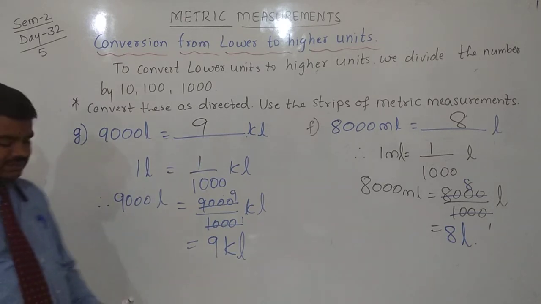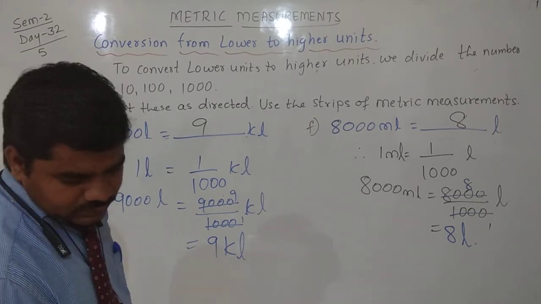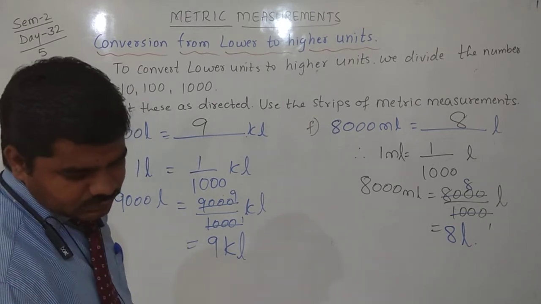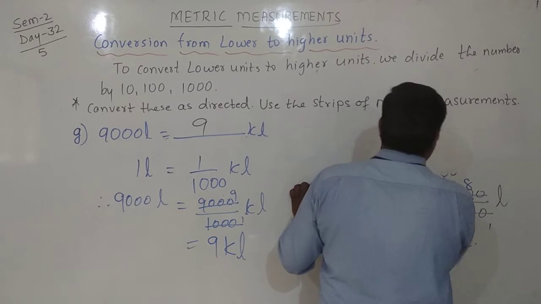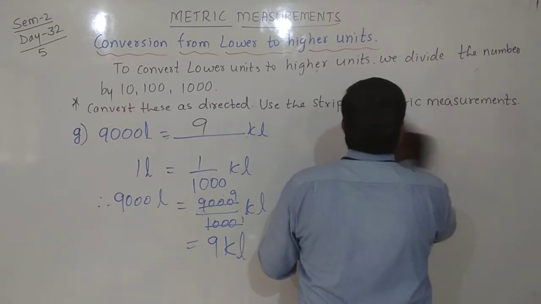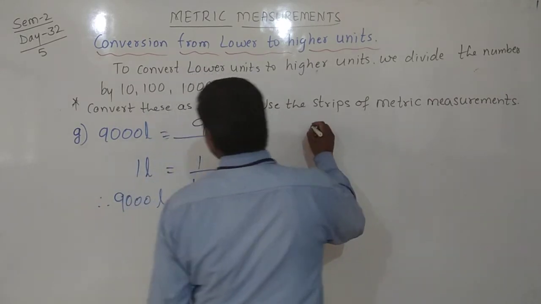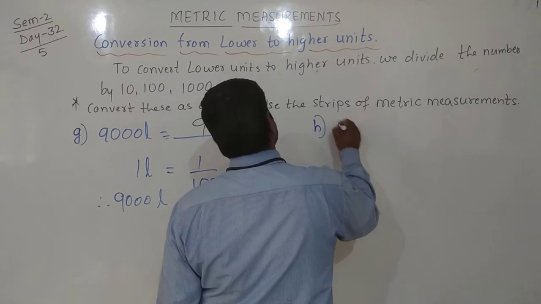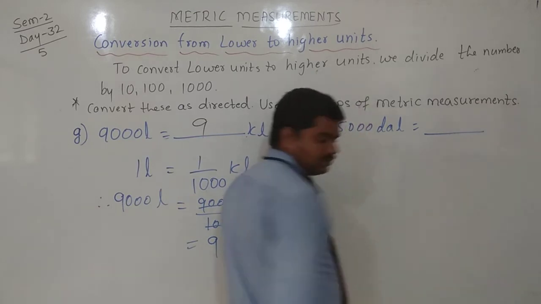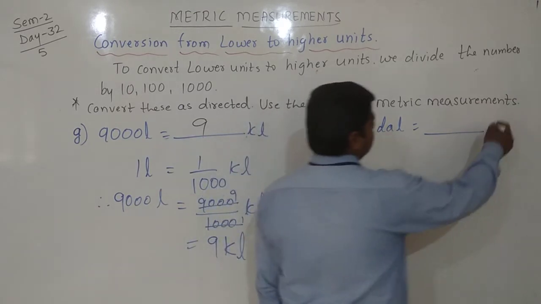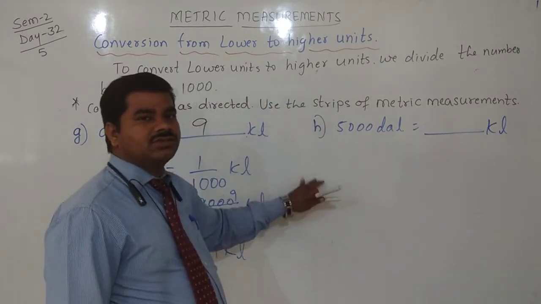Simple, no? Yes. H. 5000 decaliter to kiloliter. Decaliter, then hectoliter, hectoliter to kiloliter.